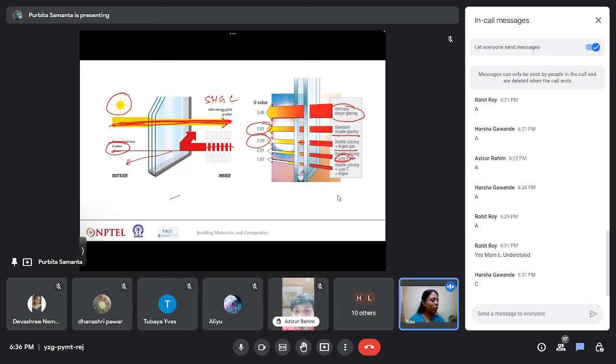So low E will further reduce it. And if you have double glazing, low E and argon, all three together, then you get a still lower value.